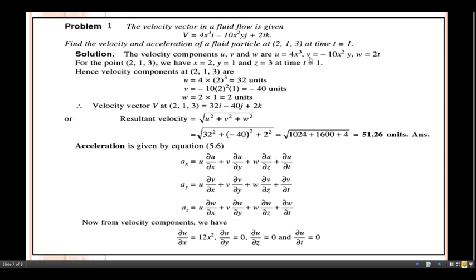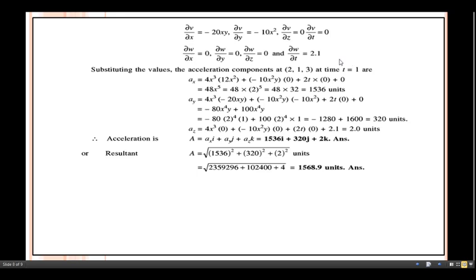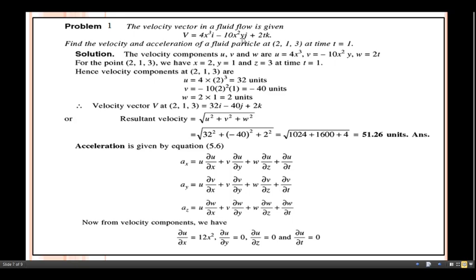Now take the differentiation of this one. So minus 10 multiplied by 2 will come here, 2x, and again the derivative of x is 1. So minus 20xy. In this way you can get the derivative of that term. Similarly, for the next one, you have to differentiate the same term with respect to y.